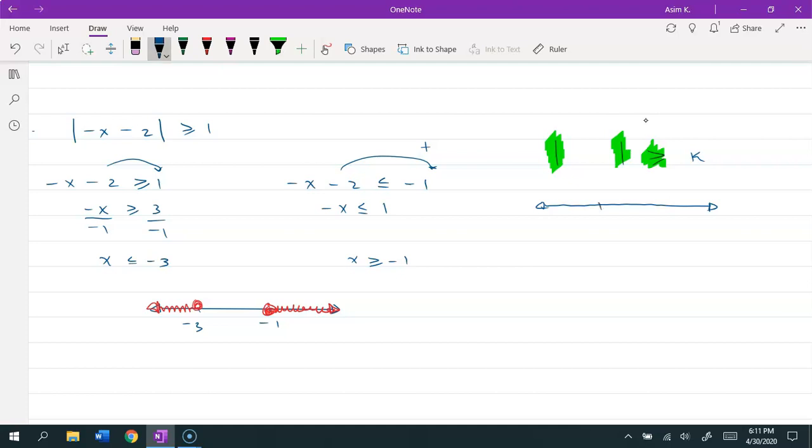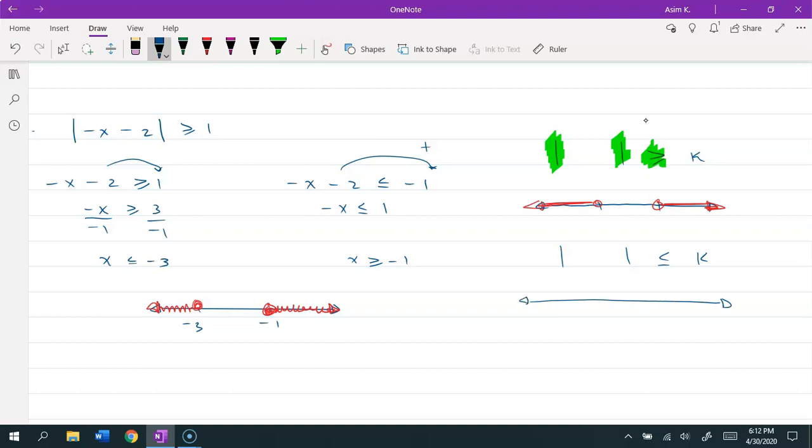You're always going to find that you're going to end up with two numbers, all right? And every single time, you're always going to end up shading outwards, like this. All right, this is just a really good way to make sure that you're doing this correctly. And if you start up with a case where it is less than or equal to k, then you're going to find that it's actually inwards.